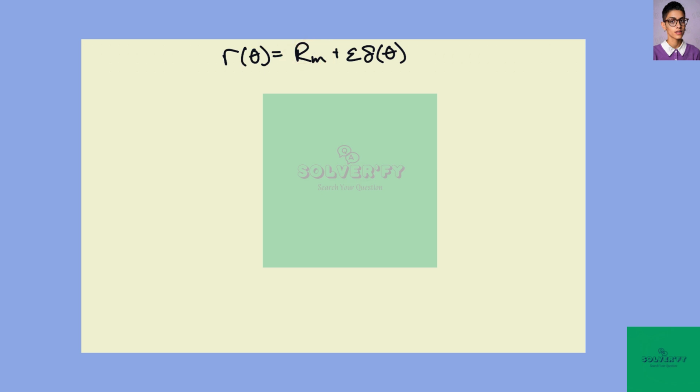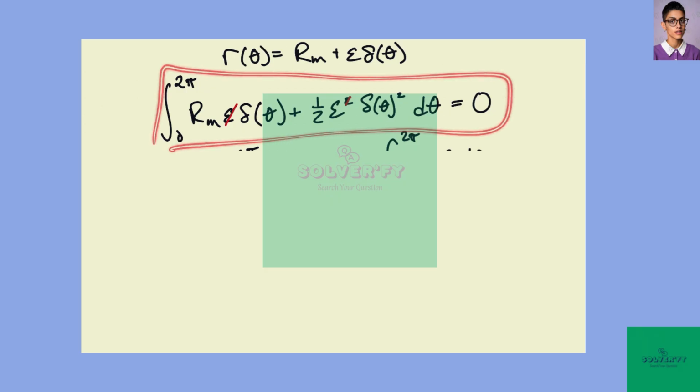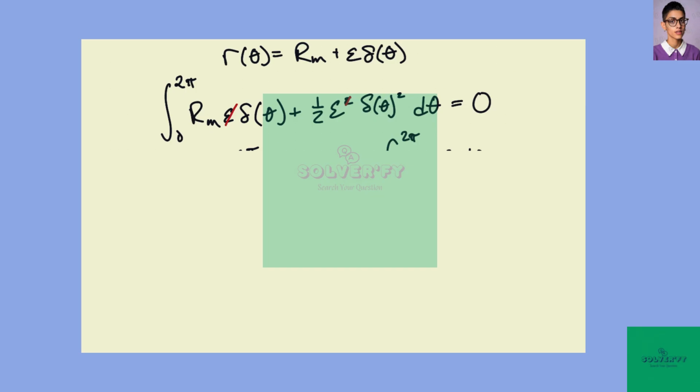Another way of doing it, a little bit different, is to assume that r of theta is the mean radius plus some small epsilon times some difference function, delta of theta. If we do that, our area constraint says that the area bounded by this region must be pi rm squared, and we get this formula, which says that rm times the integral of delta theta plus 1/2 epsilon times the integral of delta theta squared equals 0.